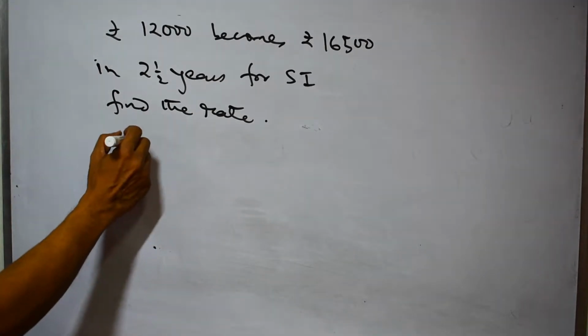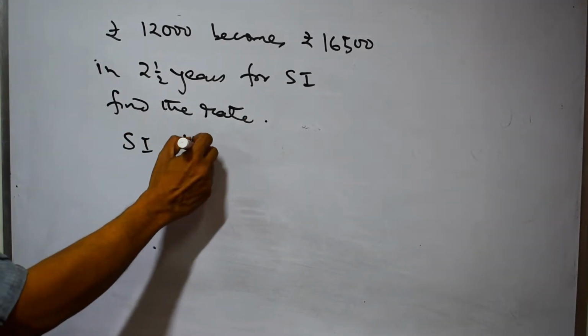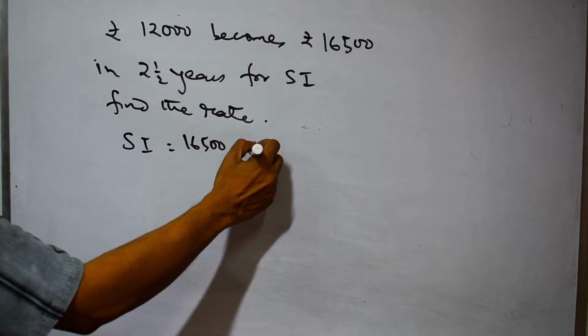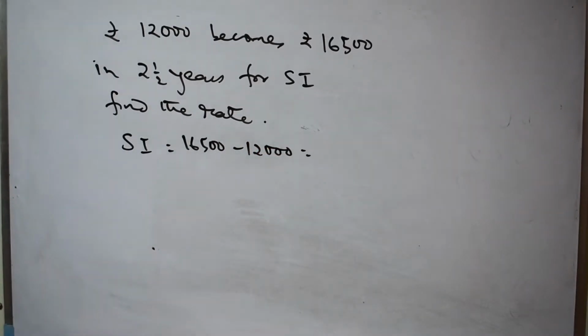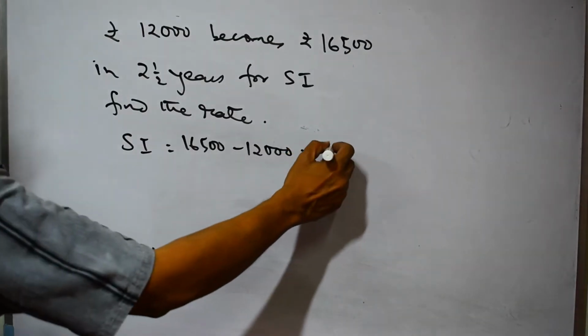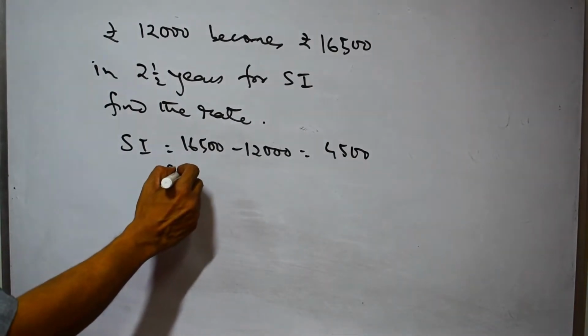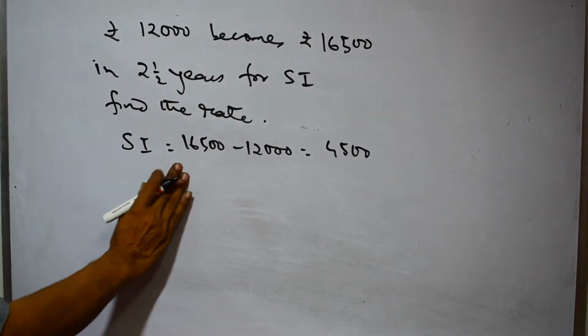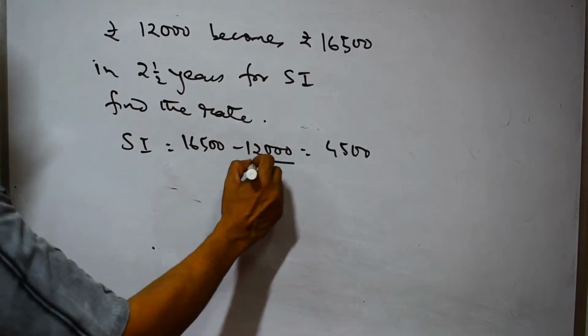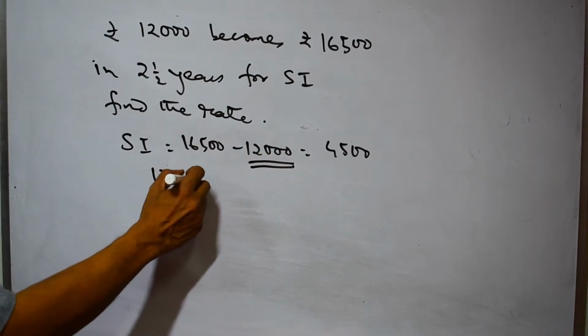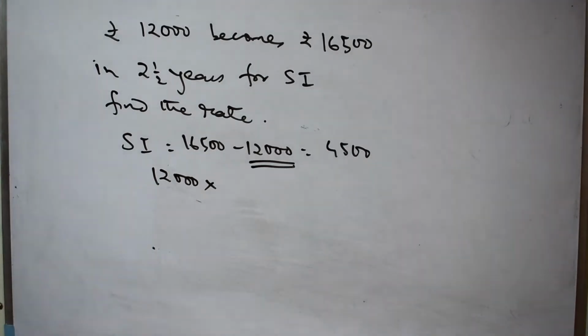Here the simple interest is 16,500 minus 12,000, that is 4,500, and the formula we have is PRT by 100. P is 12,000, the principal which we have invested.